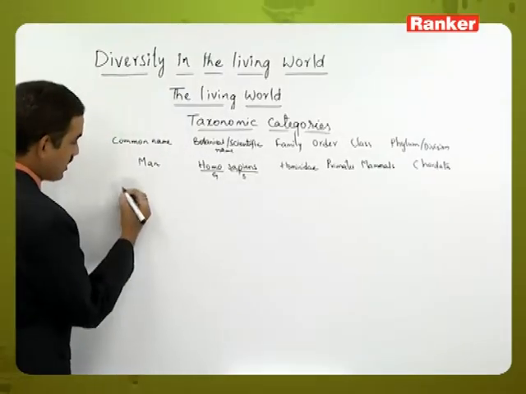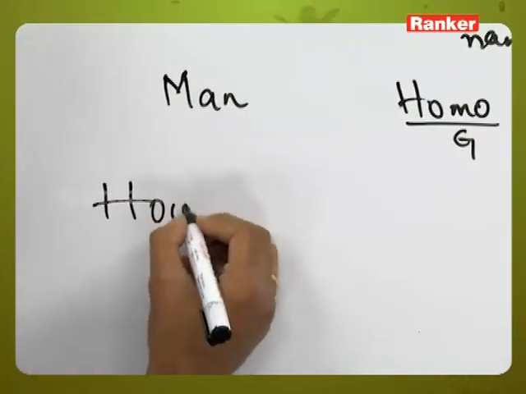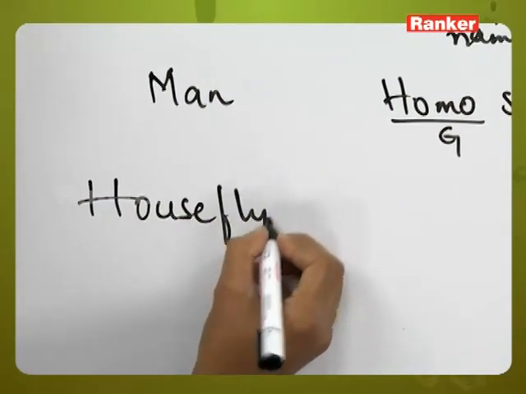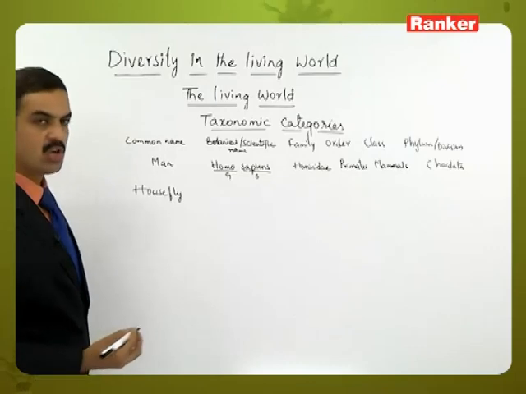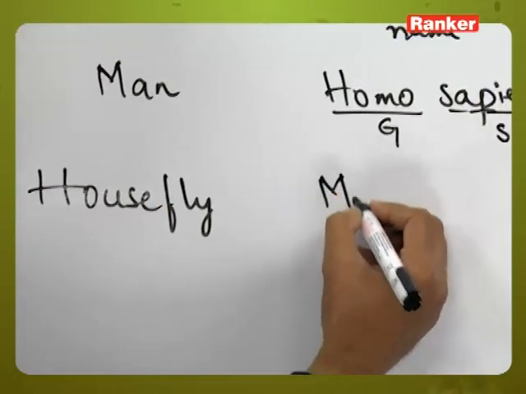Then the second example is the housefly. The scientific name of the housefly is Musca domestica.